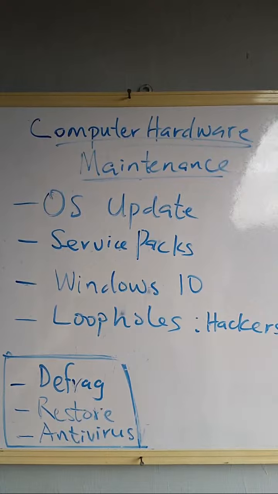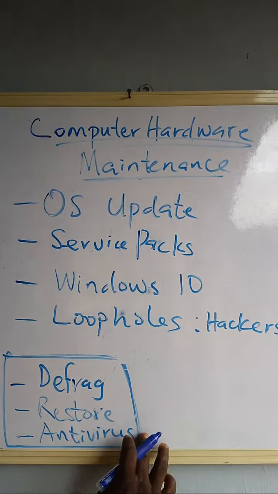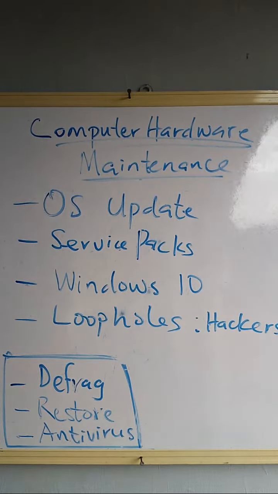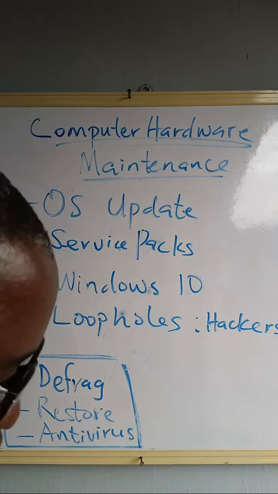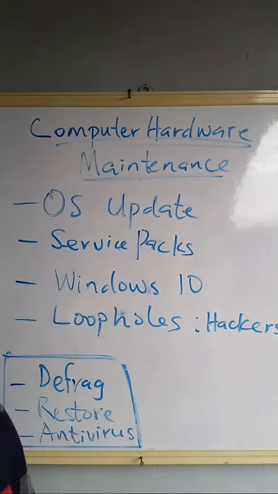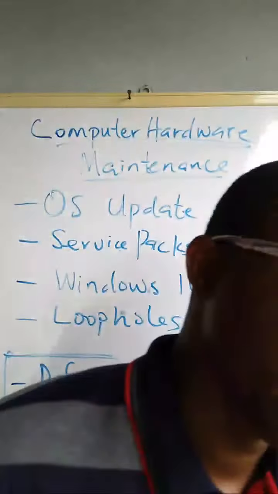Okay. So we move ahead now to discuss various steps needed in carrying out maintenance and repair. When you receive a system that has a problem, you must be able to identify what the problem is.